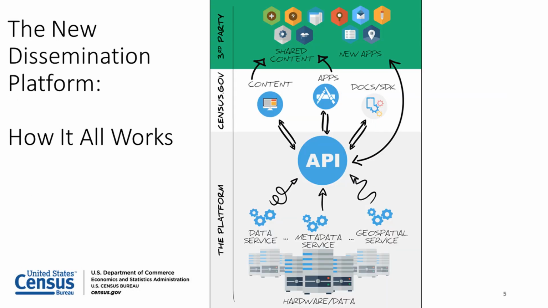Leads me to really how it works, and this is just a high-level look. We're leveraging our Census Data API, which is our application programming interface. One of the big differences between the API and AFF, American FactFinder, is that American FactFinder was all table-based. So if you were looking for data on, say, child poverty, you would find a table, or a series of tables, but it didn't give you that actual estimate.